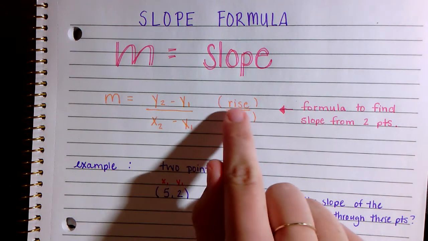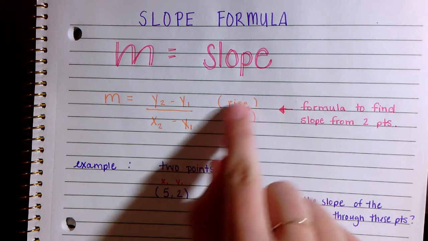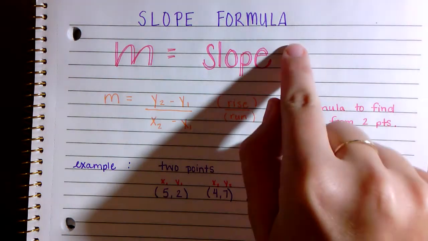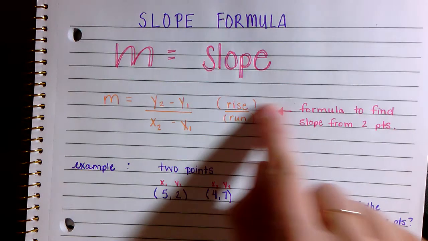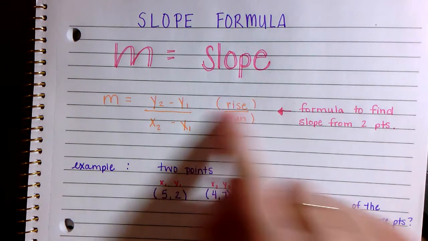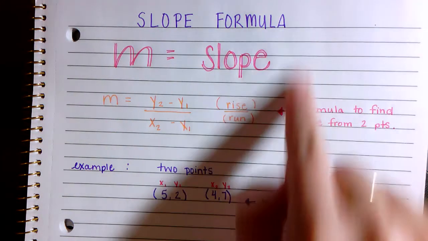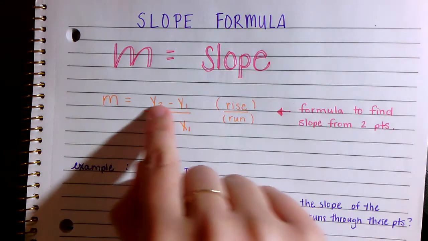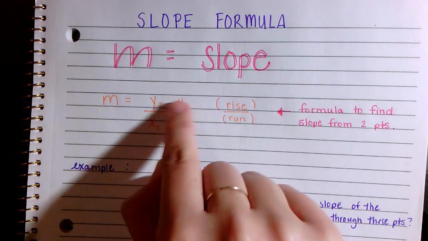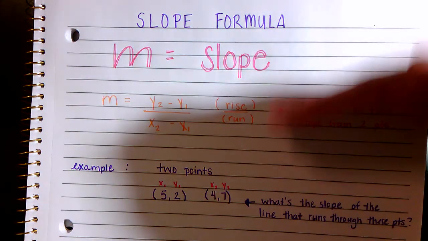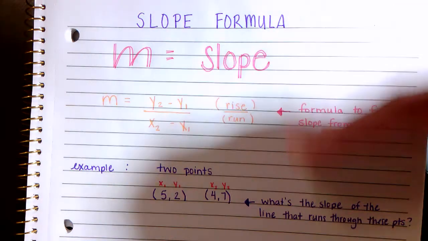So you're basically, I know you've heard this before, doing rise over run. If you're thinking about an x and a y axis on a graph, your x-axis runs horizontally, your y-axis rises up and down. So if you're talking about the difference in the y values, you're talking about the difference on the y-axis, which is your up and down axis, so what you're rising.